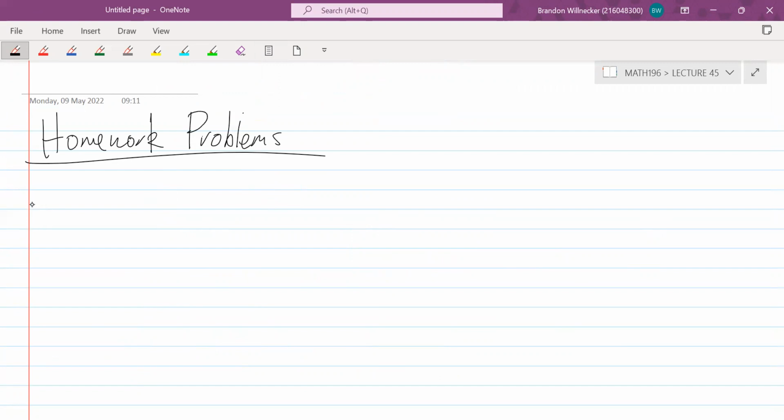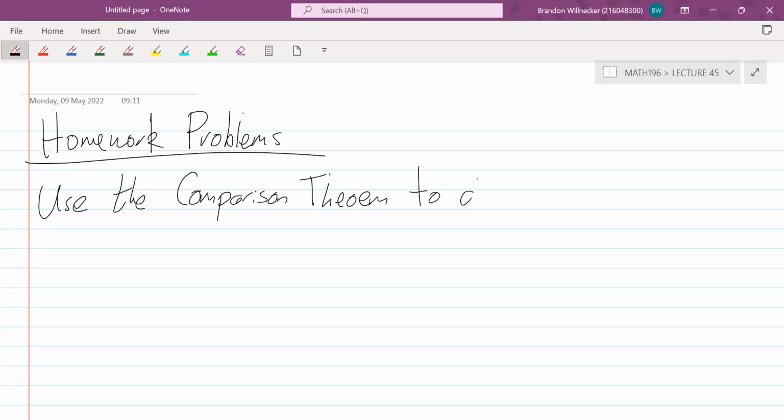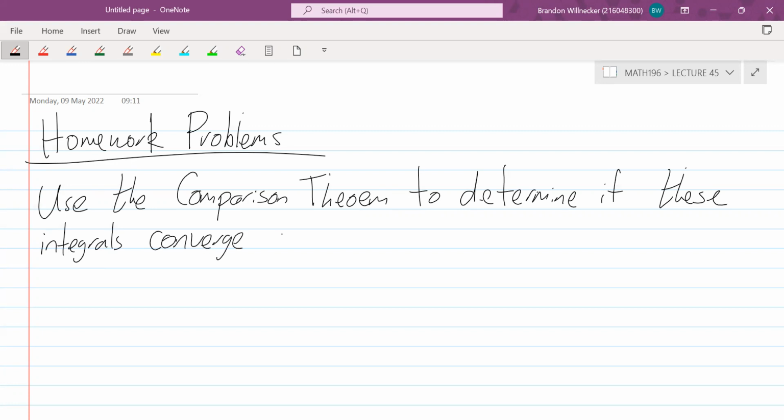Let's say here, use the comparison theorem to determine if these integrals converge or diverge. Okay, we've got 6 to go through.